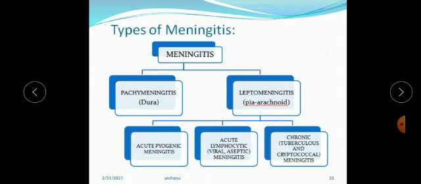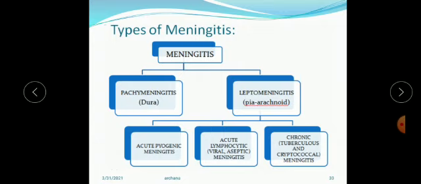Types of meningitis: broadly, meningitis has been divided into two types, pachymeningitis whenever the dura is involved, and leptomeningitis whenever the pia and arachnoid matter are involved. Classically, leptomeningitis is known as meningitis, and mainly three types are classified.